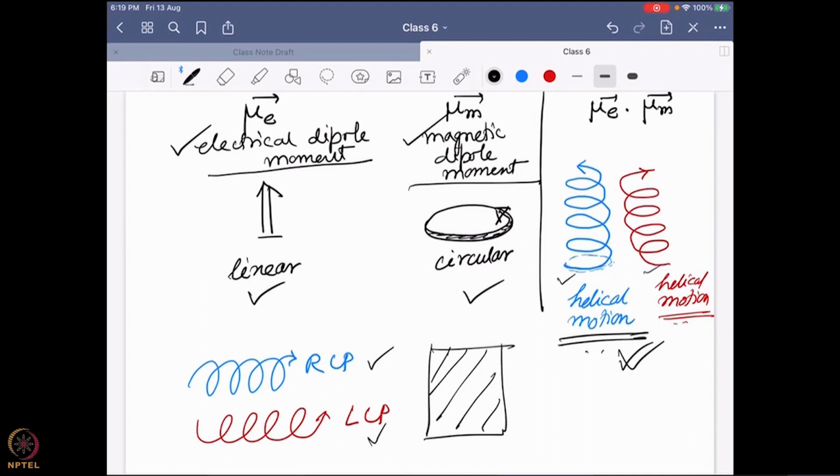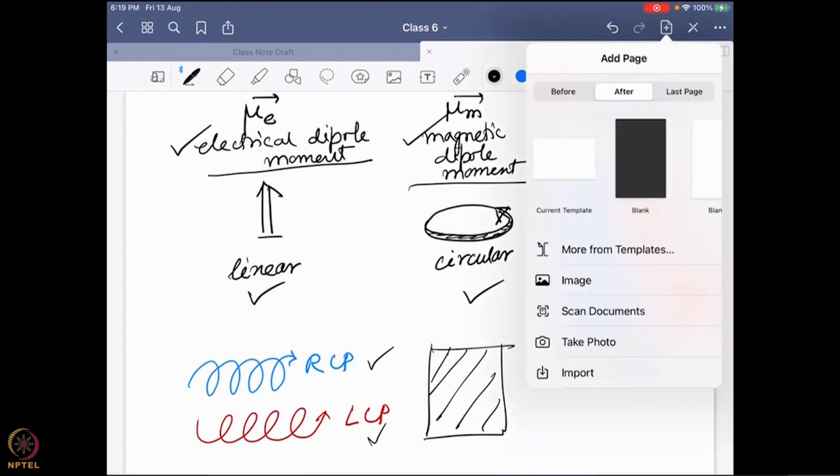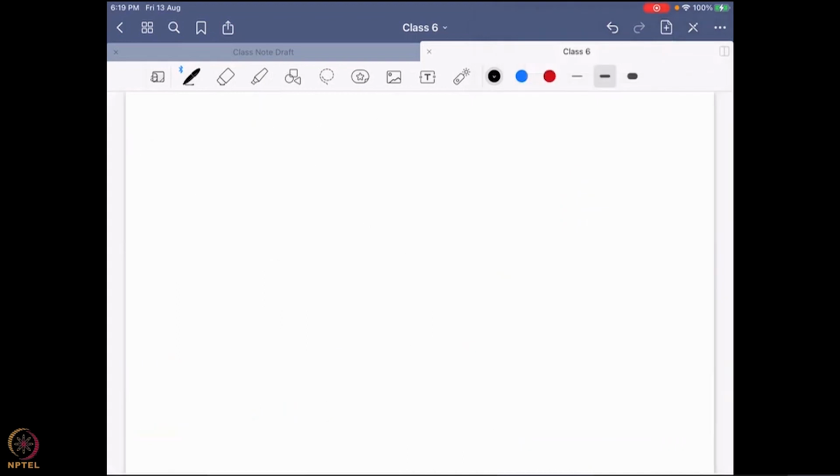So now the question comes, what is the character of a molecule that can come into the picture over here, which can be connected to this particular helical motion, possibly in a molecule? So for that, we are going to again look back at the electrical dipole moment and magnetic dipole moment.